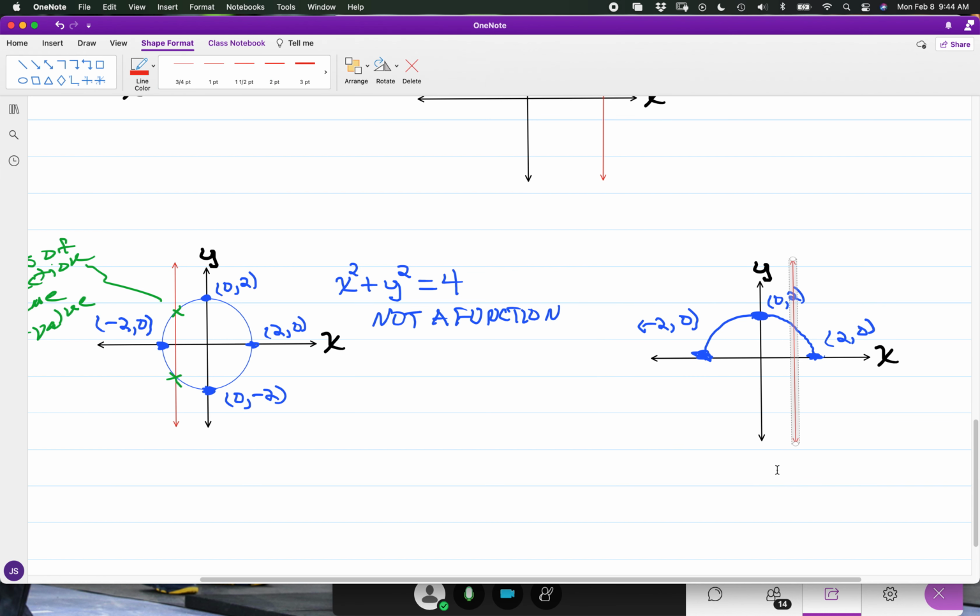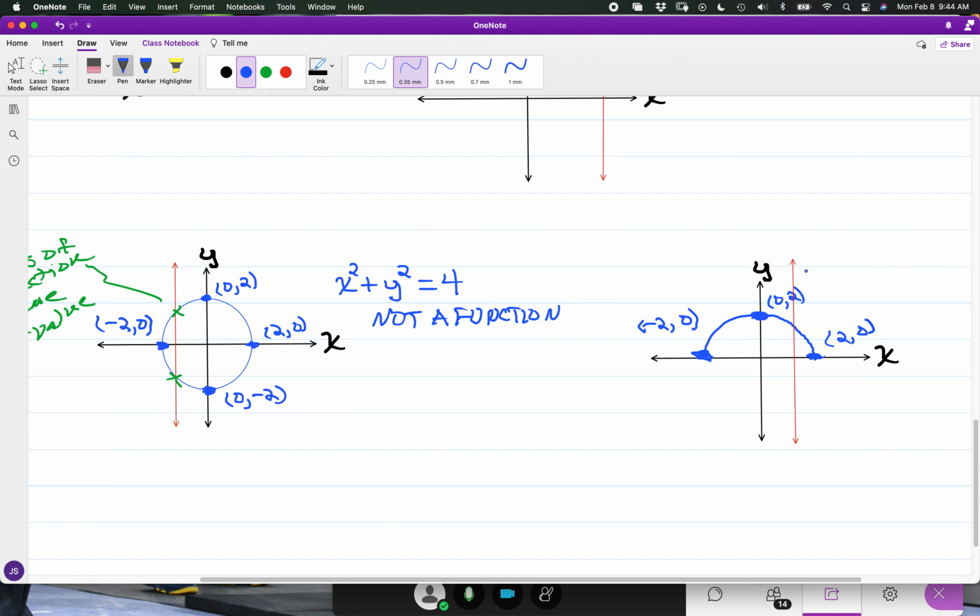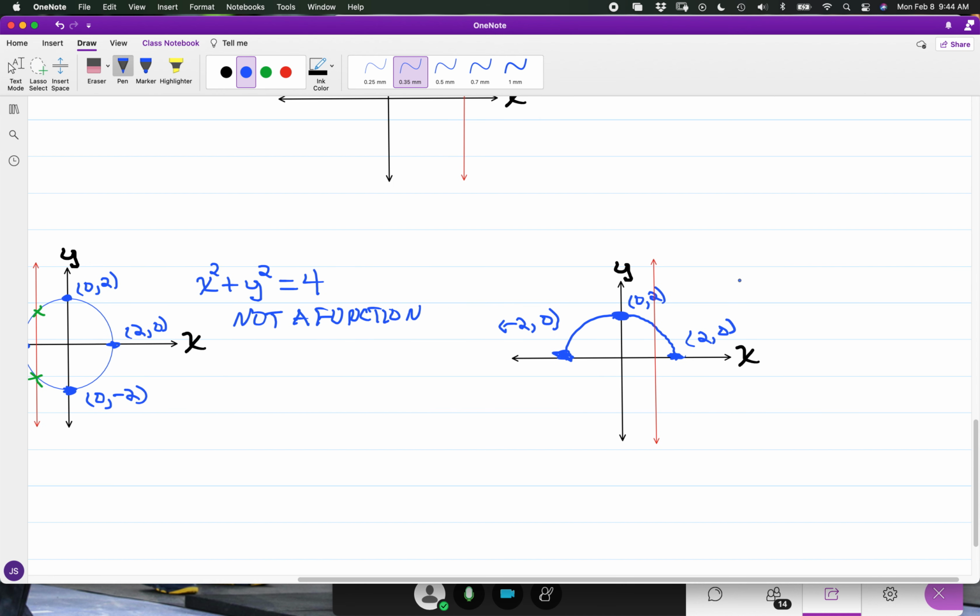So a semicircle of this type is going to be a function. In fact, the equation for this semicircle would be y equals f of x equals the square root of 4 minus x squared. And this one is going to be a function.